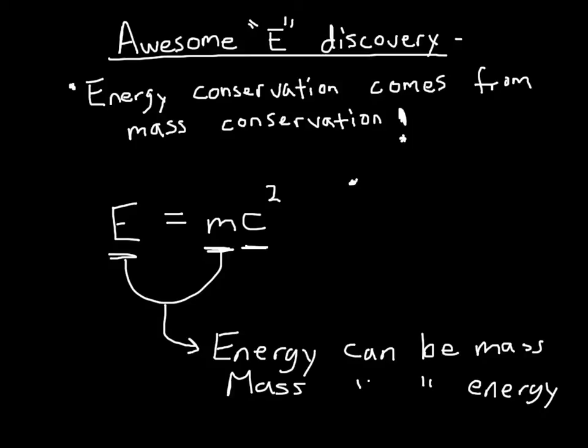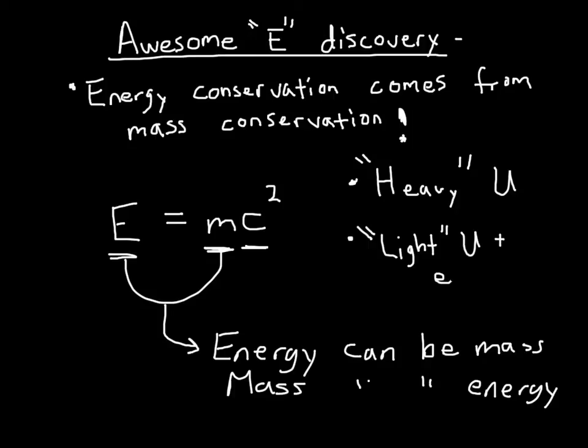In a nuclear reaction, we take what I'll call heavy uranium and break it down into light uranium plus energy. So we take some of the mass inside this heavy uranium and convert it into energy and a lighter form of uranium. This is how we get nuclear power today.